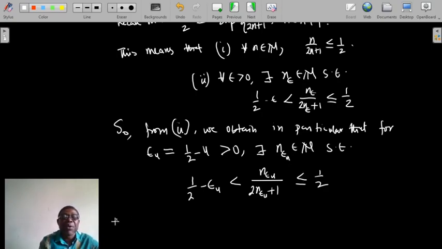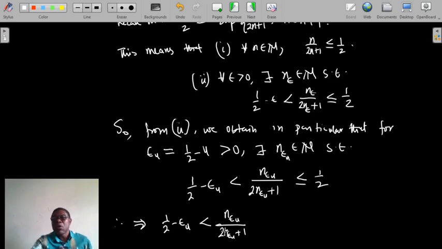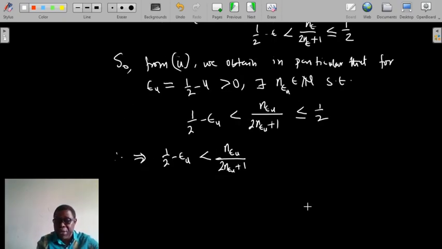But what does this mean? This therefore implies that half minus epsilon u is less than n epsilon u all over 2n epsilon u plus 1. So this is what we have from here. And this further implies that, using the definition of our epsilon u, this is half minus u.